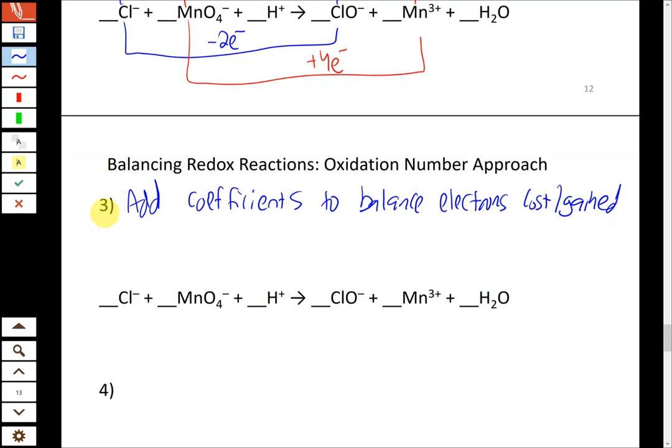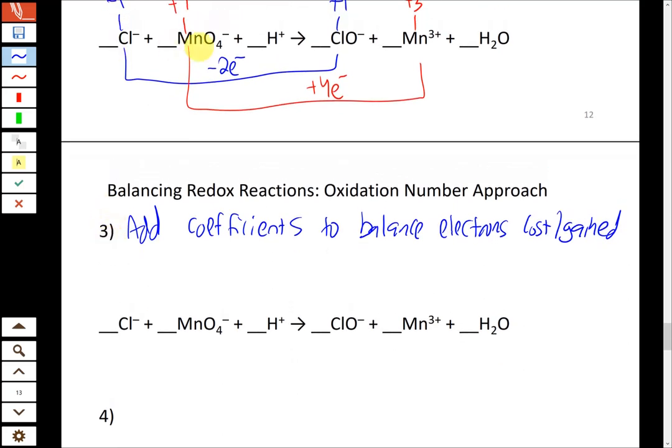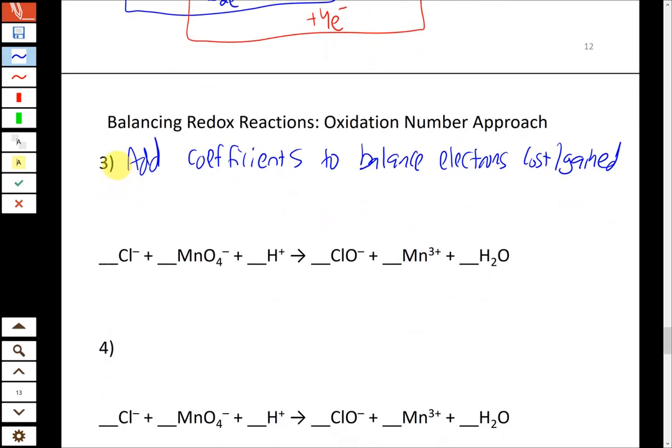So we always start with coefficients on the reactants and products that are changing their oxidation numbers as we go across the arrow. So we said that Cl minus to ClO minus was a 2-electron process. And we said that MnO4 minus to Mn3 plus was a 4-electron process.